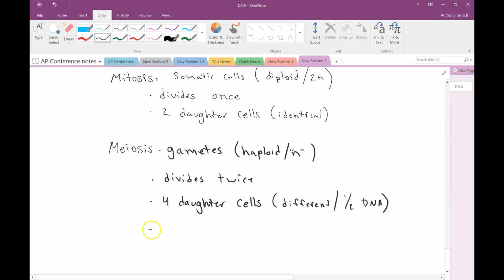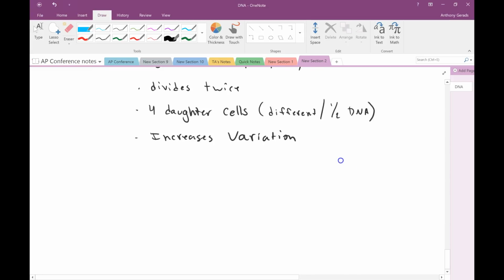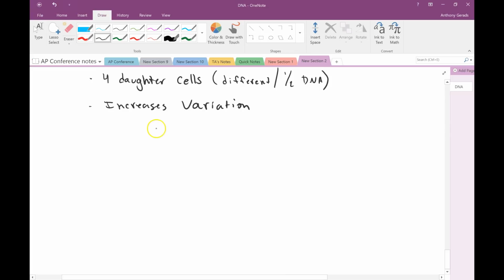Okay? And what meiosis does, meiosis increases variation. So it increases genetic variation, and there's 2 ways it does that.